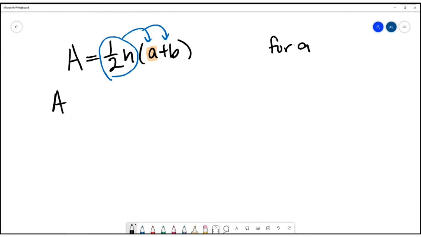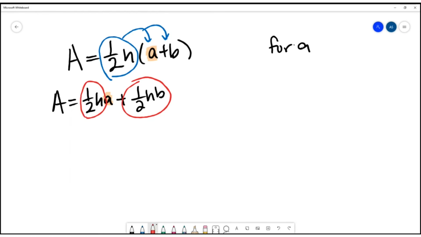And that would give you A equals 1/2 ha plus 1/2 hb. And now the parentheses are gone, you can start to isolate that variable a. So in order to isolate, we need to remove this term as well as the factor that's attached to the a.